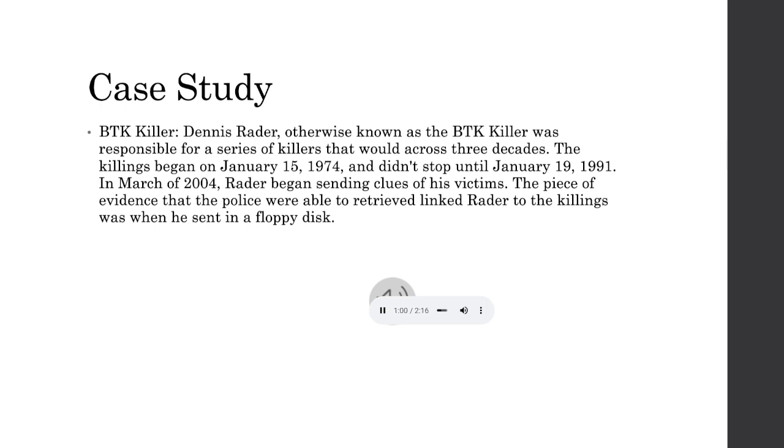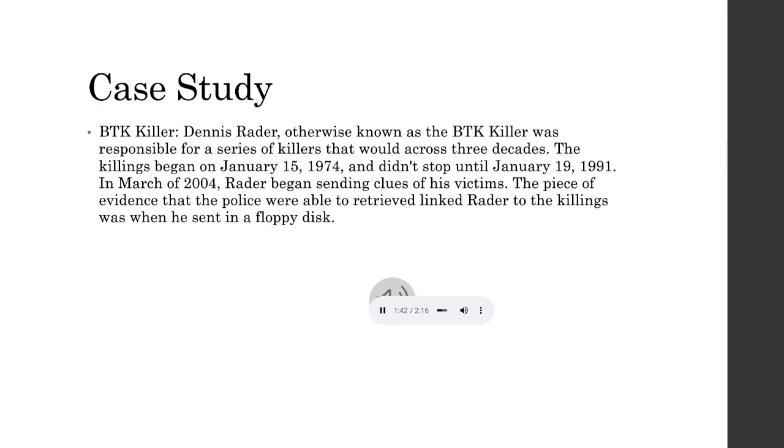And there was a time where he stopped doing it, and it wasn't until March 2004 when Rader began sending these clues describing the victims that he murdered, and these clues would include items that belonged to those victims that he killed, and he would continuously send these packages, and the police wouldn't be able to link the murders to a suspect.